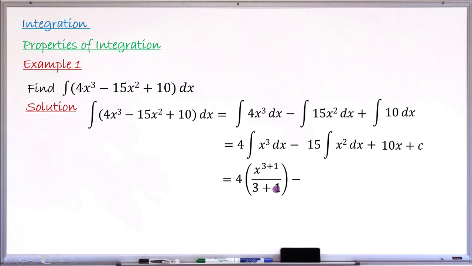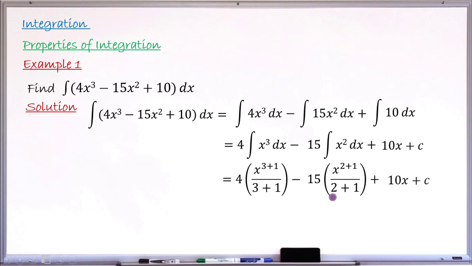Remember that is 3 plus 1. Then minus. Then I'll move and find the integral of this x squared with respect to x. There we have 15 already outside, multiplied by the bracket inside, x raised to 2 plus 1. Look, the power is 2, so this power will increase by 1. That is why I have x raised to 2 plus 1 all over 2 plus 1, that is n plus 1. Then I'll just copy my 10x plus c.